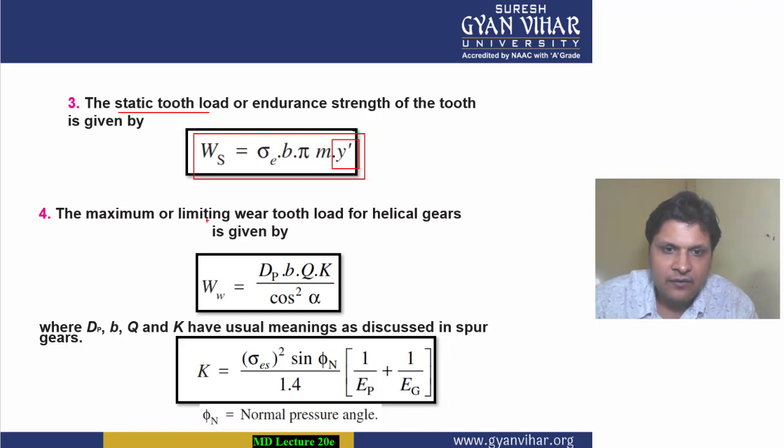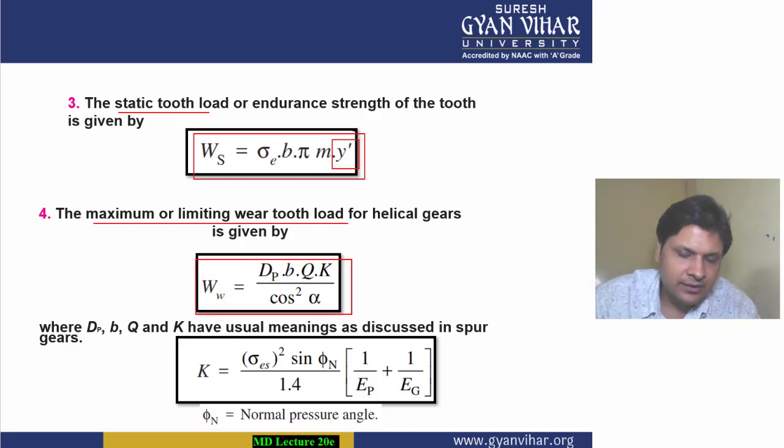Then the fourth step will be, we will calculate the maximum or limiting wear load for helical gears. So what is the wear tooth load? It is calculated by this formula. In the same manner as in the spur gear design, here also we are calculating the wear tooth load, and this is the formula.